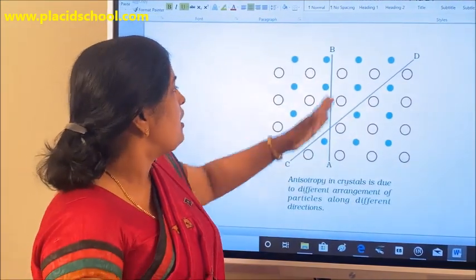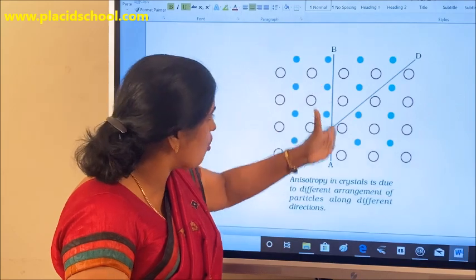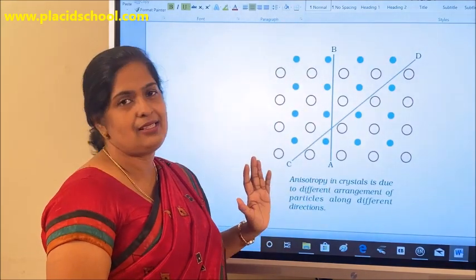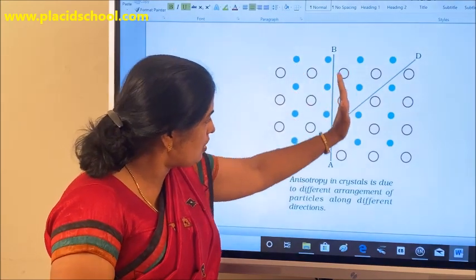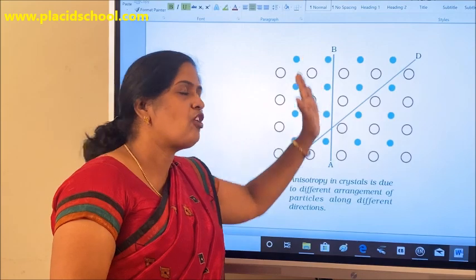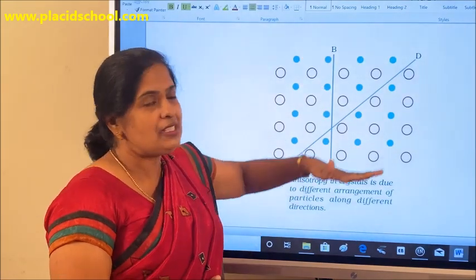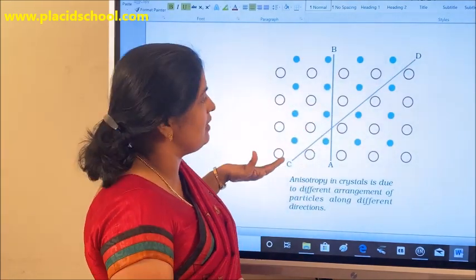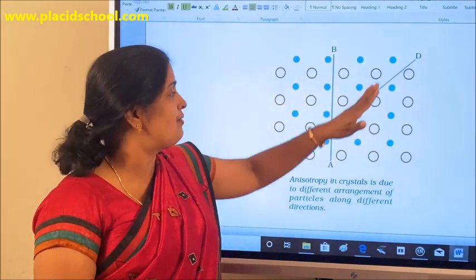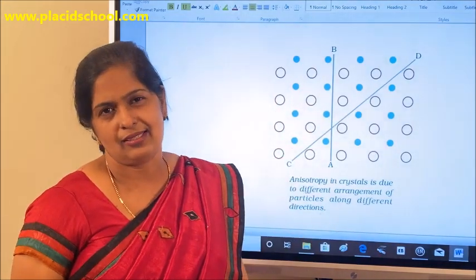This is due to, if we go vertically down, a line is drawn. See, on both sides of the line, on one side only sodium ions are seen, and on the other side chloride ions are seen. But if we go diagonally, on both sides of this line, both the ions are seen.